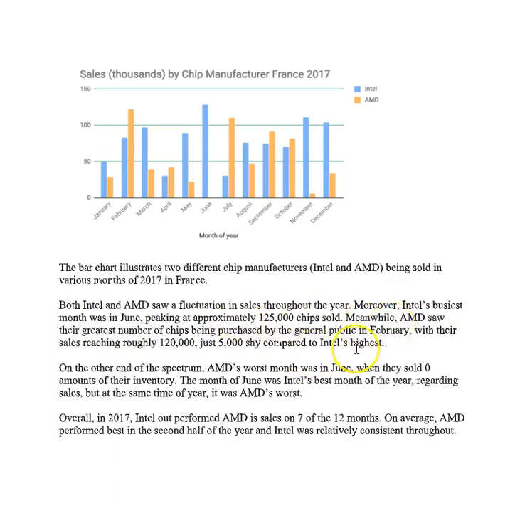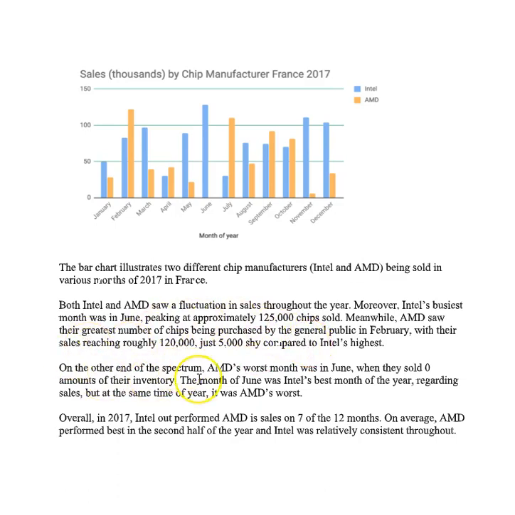Although we could state that it was by the general public, we don't have that information on here, so I would avoid that one. Okay, so AMD saw their greatest number of chips purchased in February, with their sales reaching roughly 120,000, just 5,000 shy of Intel's highest number. Okay, good. A very strong paragraph there, and particularly that phrase shy of is a really good one to use.